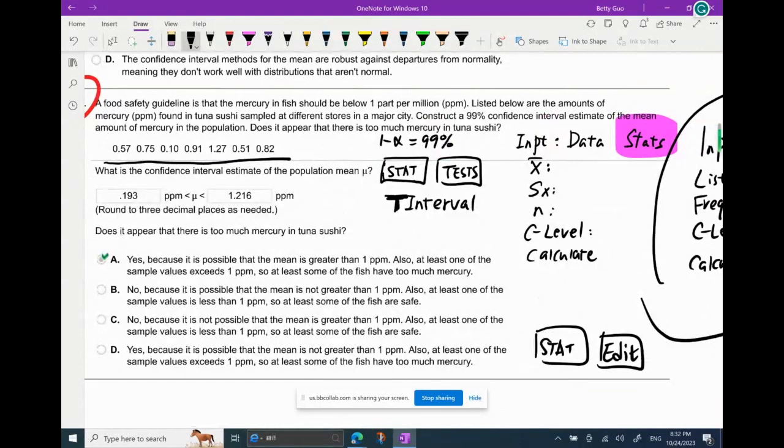So the first value, 0.57, enter. Second value, 0.75, enter. Third value, 0.1, and then 0.91, and then 1.27, 0.52, sorry, 0.51, 0.82.